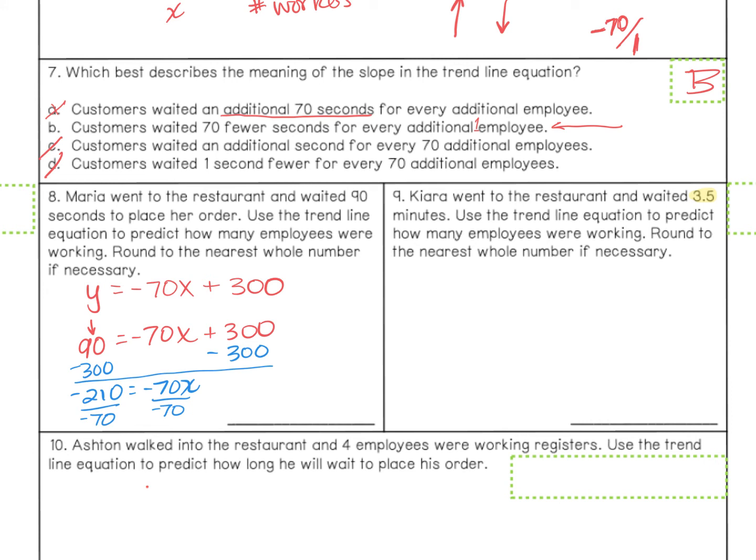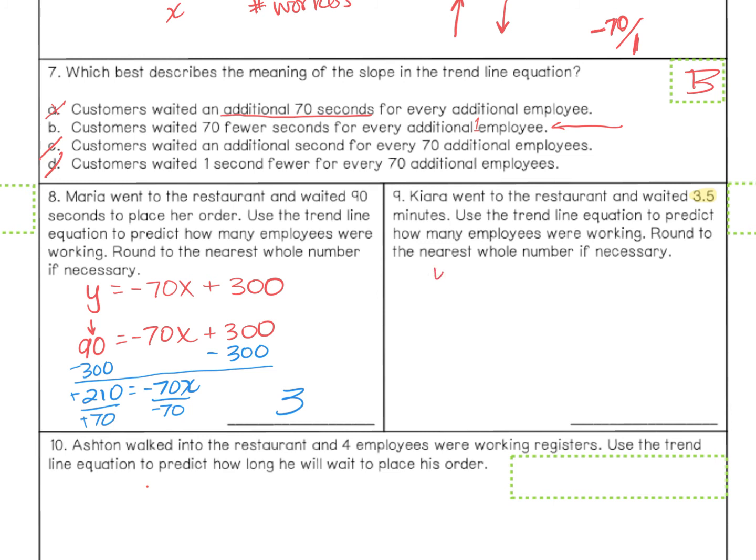When I do that, the negatives cancel out, and 210 divided by 70 is exactly 3. So your answer is, we can predict that because Maria waited 90 seconds to place her order, there were 3 employees working. See how handy these trend lines are?